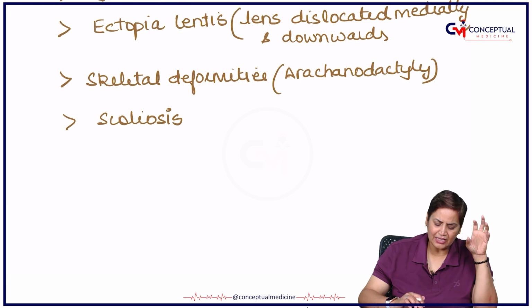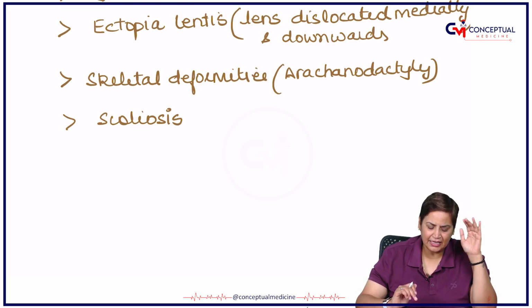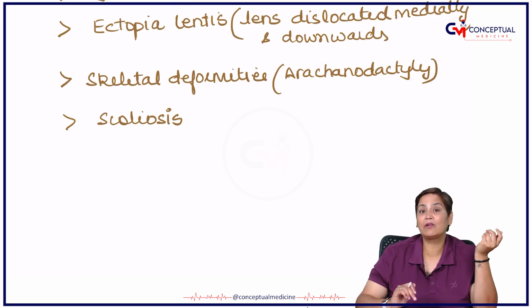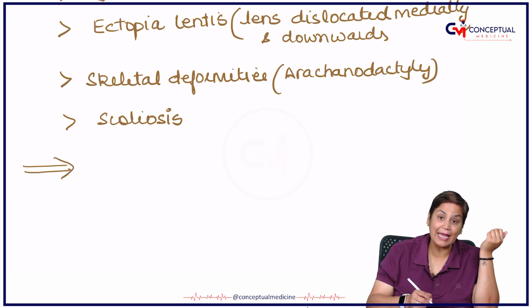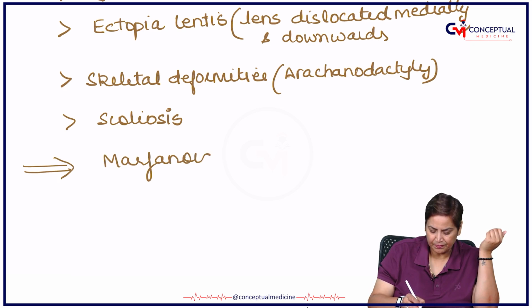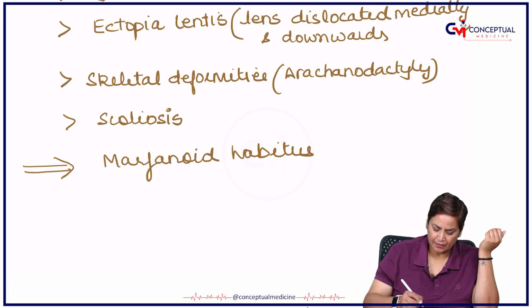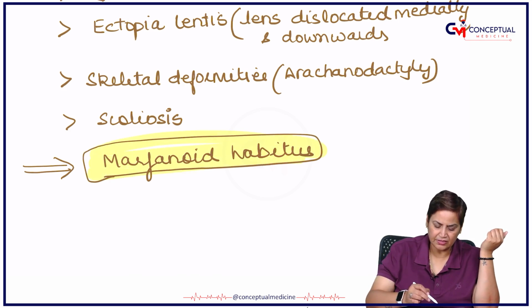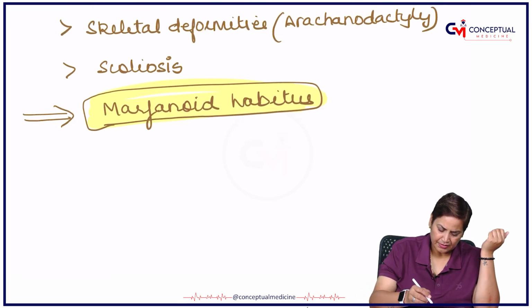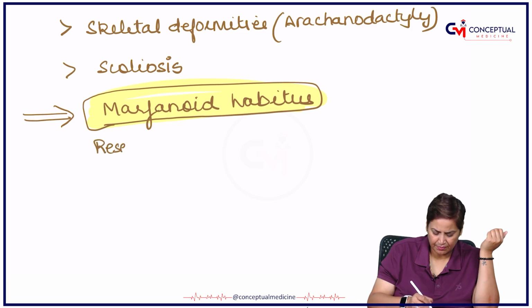So this all leads to a kind of skeletal deformity, and he starts bending and walking. So it resembles Marfan syndrome also, and it is actually known as Marfanoid habitus. Very important. It means it resembles Marfan's syndrome.